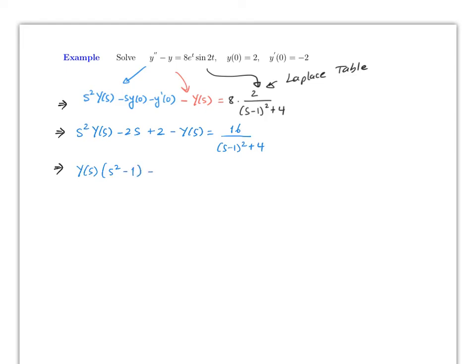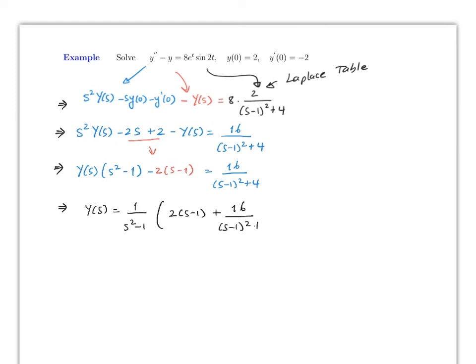Then you can actually factor the 2 from this one, and this will give you s minus 1. And this equals 16 over s minus 1 squared plus 4. So if we solve for Y of s, we will have Y of s equals 1 over s squared minus 1 times 2s minus 1 plus 16 over s minus 1 squared plus 4.